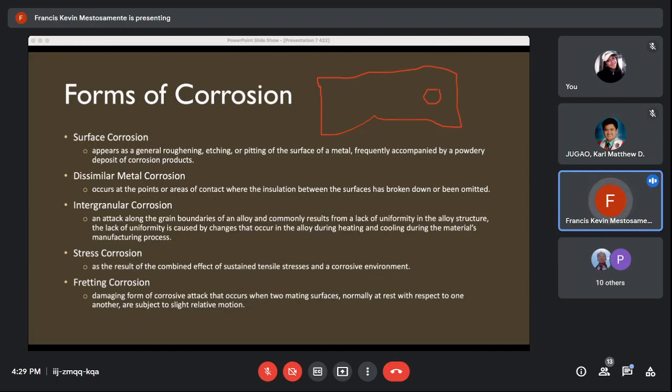So magkakaroon ngayon, sabi nga, lack of uniformity. So kung itong part na to is stressed, so mas nagkakaroon siya ng heating, magiging magkaiba yung stability ng material on the right-hand side. Ngayon, magkakaroon tayo ng lack of uniformity at that certain material. There we go.